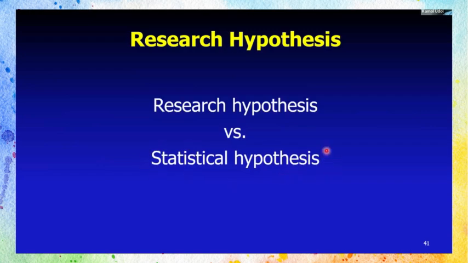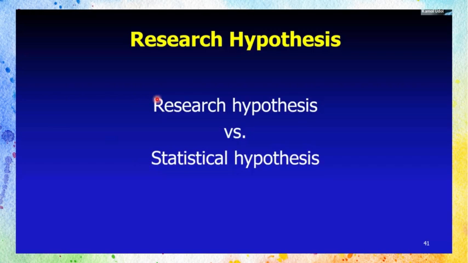Statistical hypothesis, you learn this when you study basic statistical procedure that we use in data analysis. In hypothesis testing, when you want to test hypothesis using statistical tests, you will have the null hypothesis and the alternative hypothesis. Those 2 are statistical hypotheses. They are not research hypotheses.